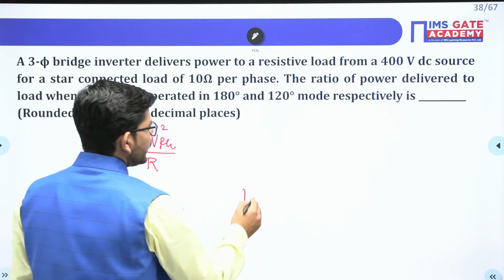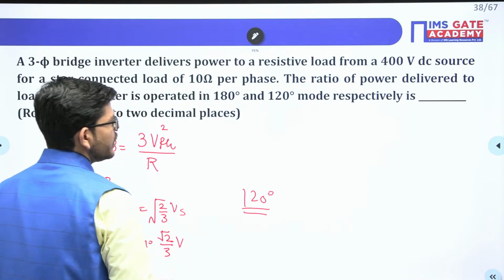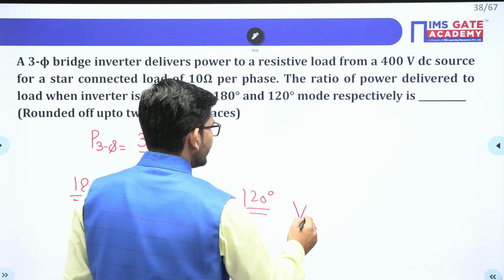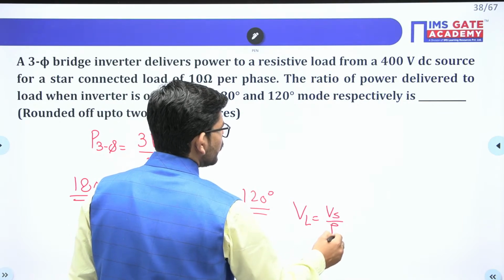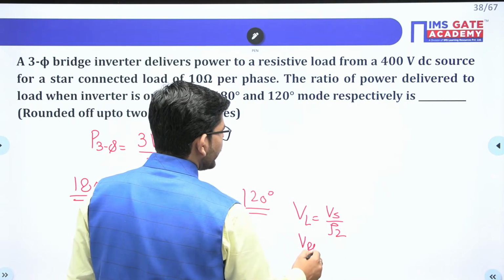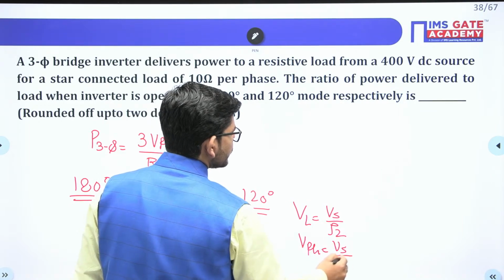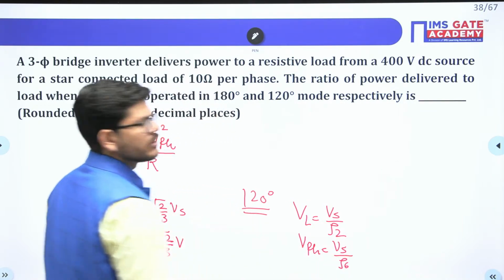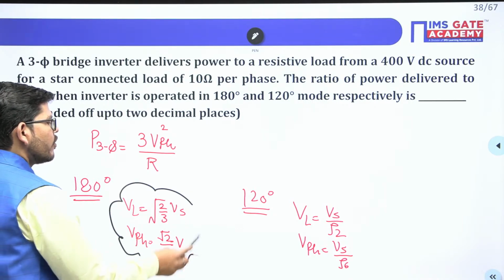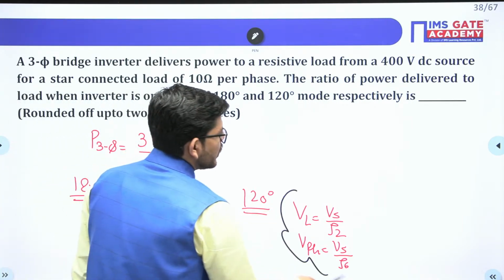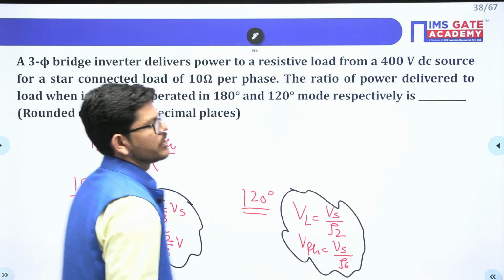For 120-degree inverter, the value of line voltage is Vs by root 2, and the value of phase voltage is Vs by root 6. Okay. If you can remember these formulas, nobody can stop you gaining marks for this particular question. Okay.